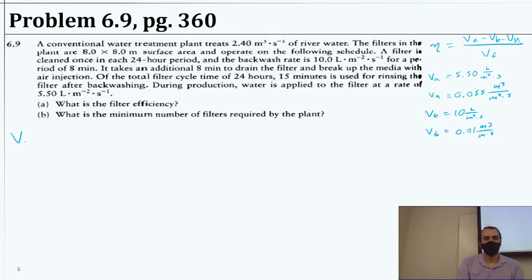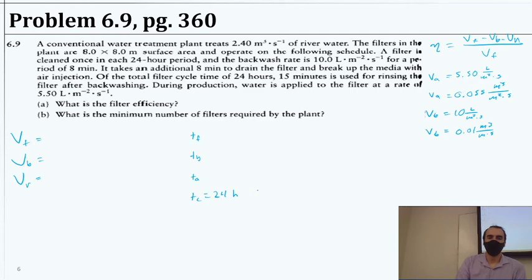So the volume terms then. We need a volume filtered, volume backwashed, and a volume rinsed. And to get these, we're going to need time. So we know the total cycle time. We don't know the filtration time. We have something for the air and the backwash. So we'll start with the cycle time here.